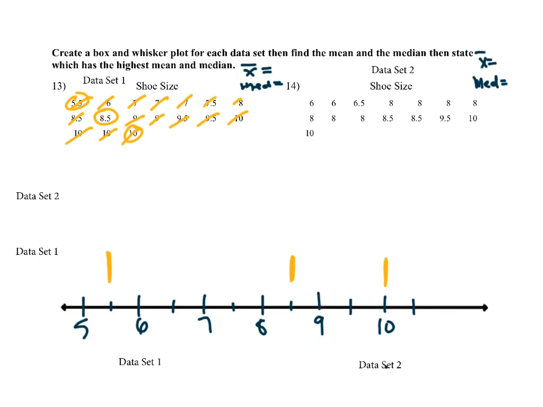Then that cuts it in half, and we go the opposite direction between 7 and 7, so it would be 7. Then going the opposite way, in between 9.5 and 10, so it'd be 9.75.